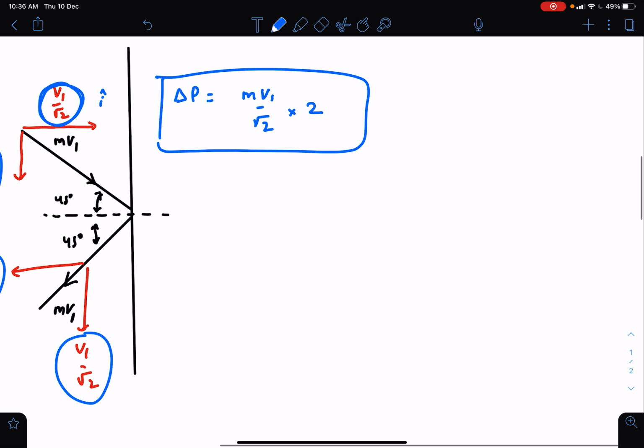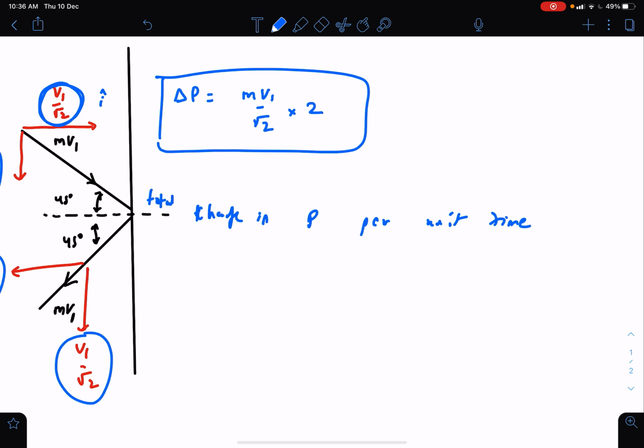What is the total change in momentum per unit time? The total change in momentum per unit time is equal to the change in momentum in one collision multiplied by how many collisions are taking place per unit time.